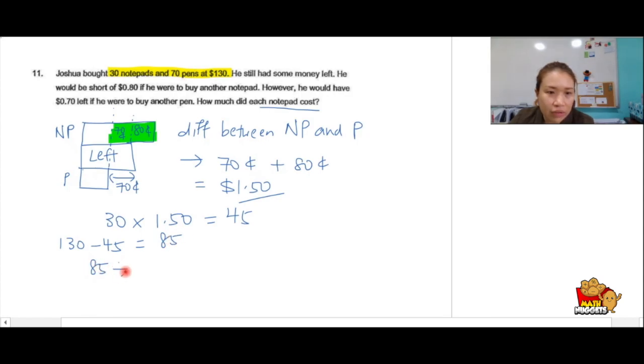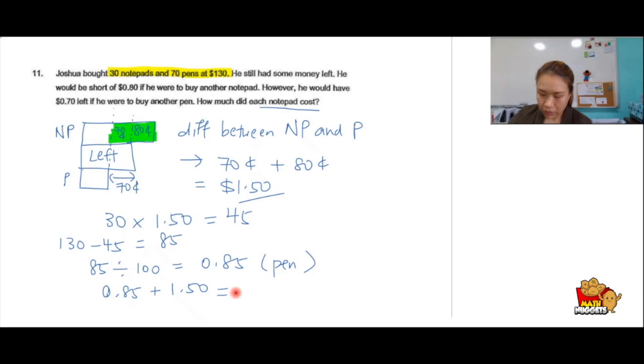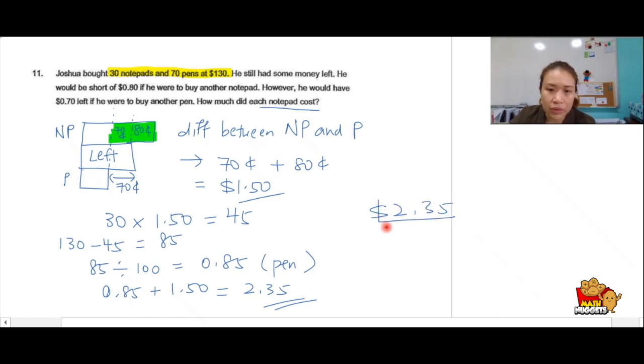And I can take 85 divided by 100, which is 0.85. Now this will be the cost of the pen. And we already know that the notepad costs $1.50 more than the pen, right? So 0.85 plus $1.50, $2.35. That will be the cost of the notepad.